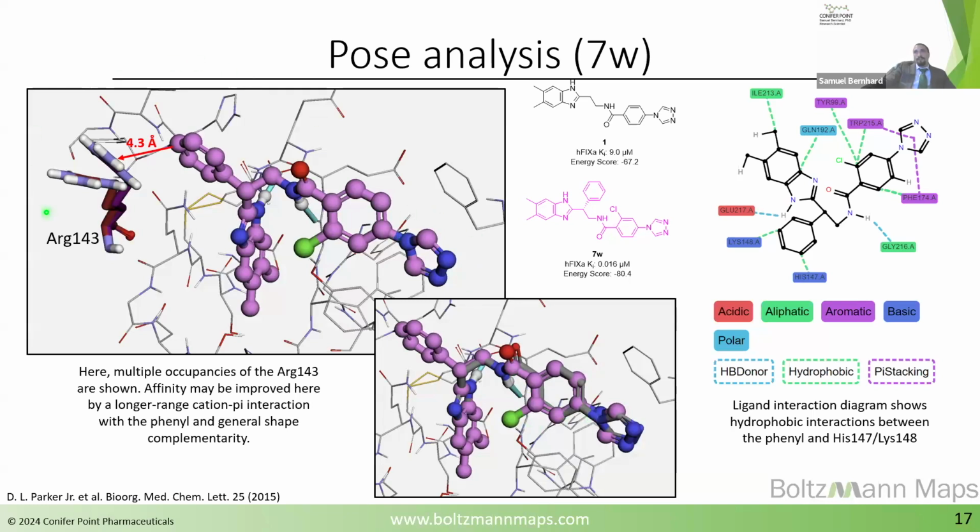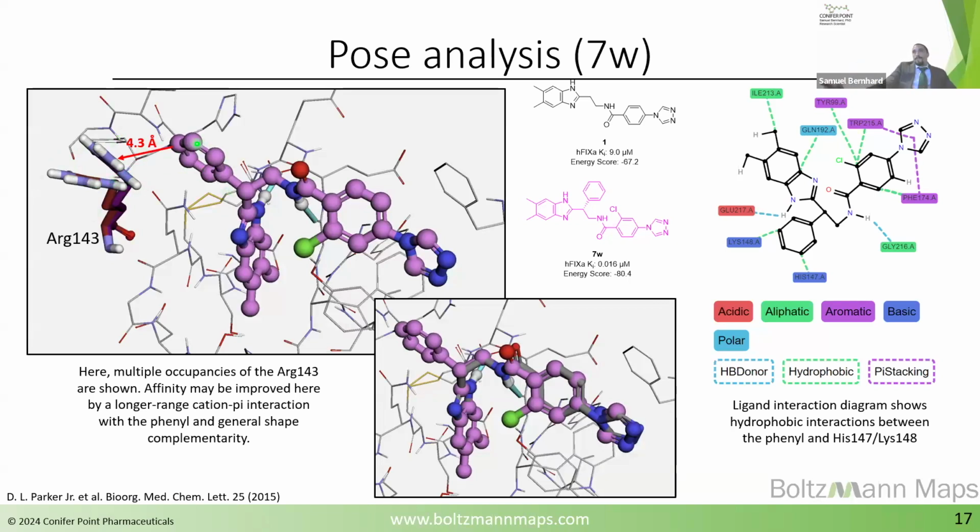And finally, in this left image, what I wanted to show is that arginine 143 is shown to have two occupancy states, shown in red and in purple. This indicates to an extent that this is a highly flexible residue. But as of now, there are no clear interactions observed between the side chain and the new phenyl.